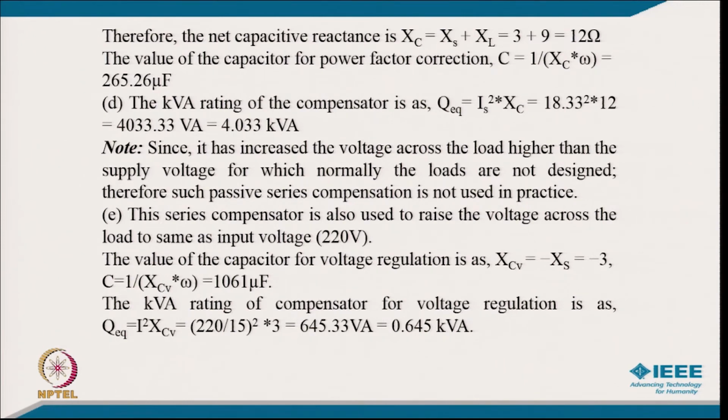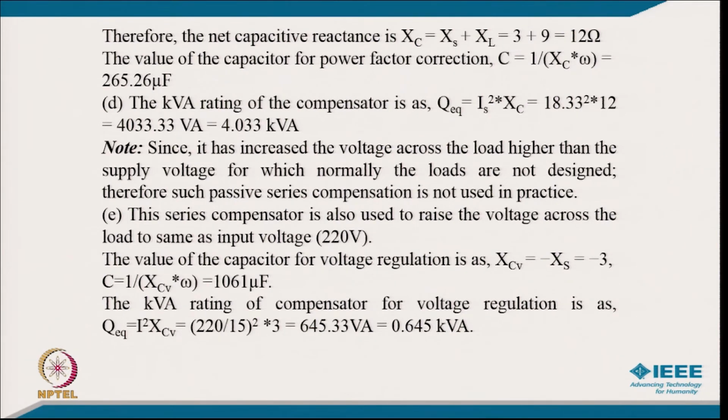So, the net kVA rating of the compensator in series is Is square Xc, 18.33 squared into 12, it comes to 4033.33 VA equal to 4.033 kVA.